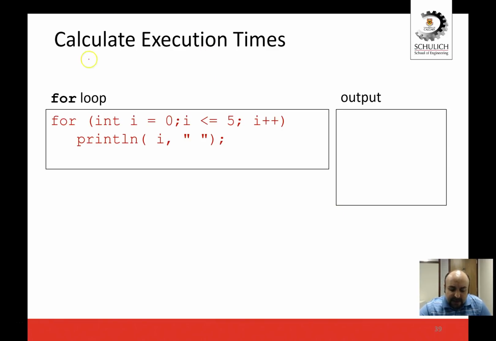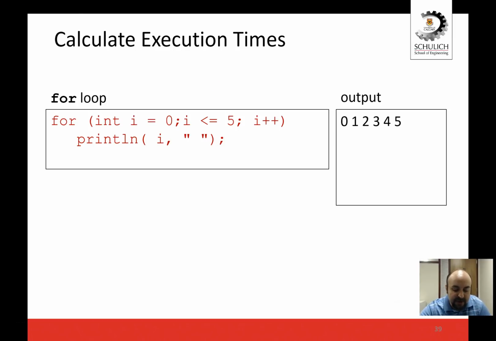So let's look at this calculation of execution time. We have I set at 0, and I is less than or equal to 5. If it's less than or equal to 5, how many times is it going to run? It's going to run at 0, 1, 2, 3, 4, and 5, and then it becomes 6, and 6 cannot be.